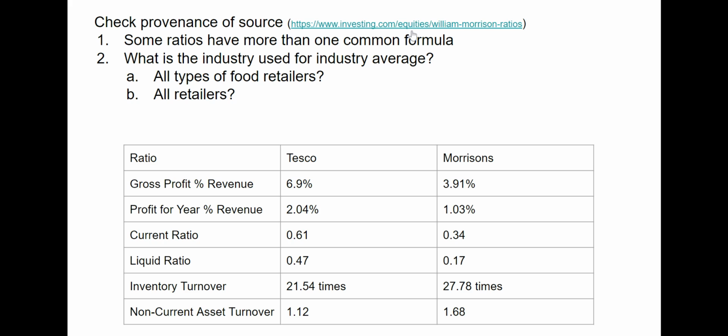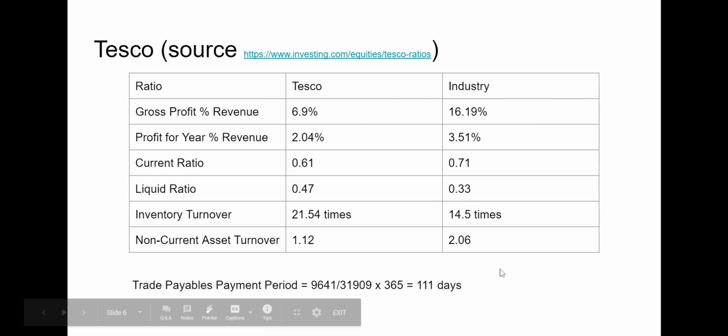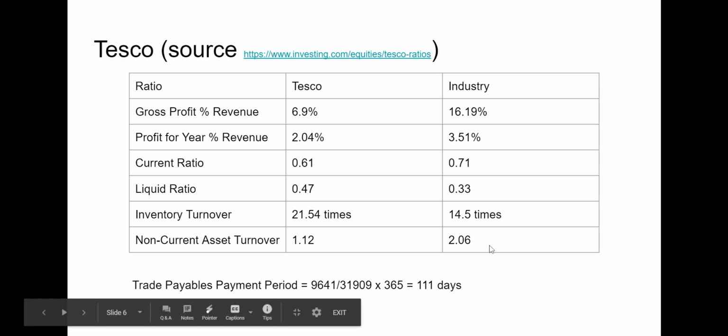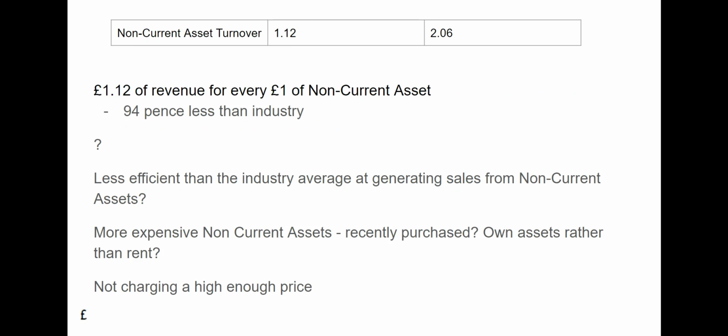Now, I've got actually no reason to doubt that this company providing the information are not being dishonest in any way, shape, or form. But my guess is that the industry average figures here are given for the retail industry rather than something more specific to do with a supermarket churning over consumable goods and trying to do it quickly.